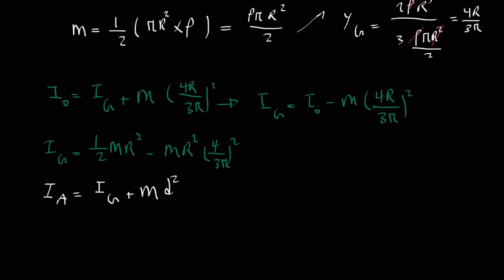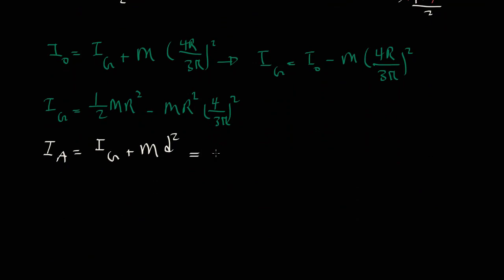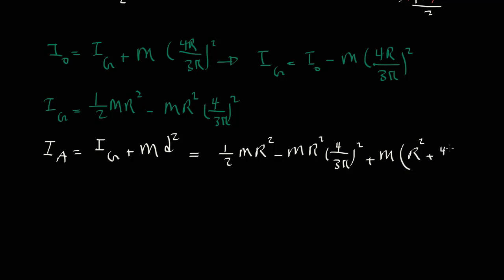So we have IG over here, so this is 1 over 2 m r squared minus m r squared times 4 over 3 pi, the whole thing squared, plus m d squared, and for d squared we saw that it is equal to r squared plus 4r over 3 pi squared.